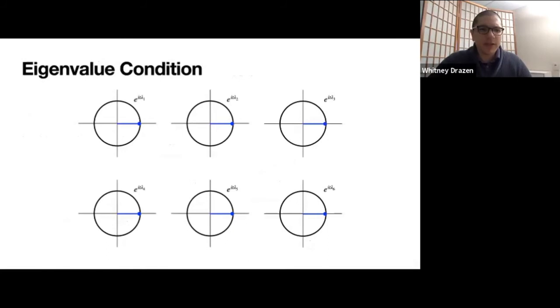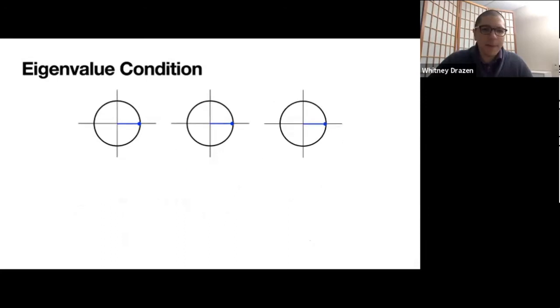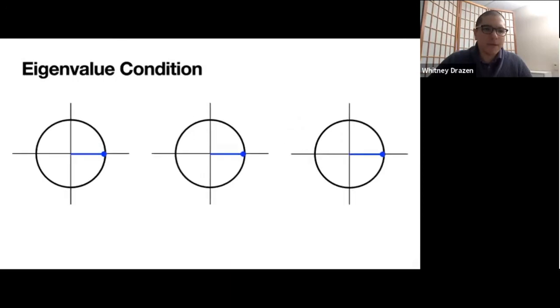Well, graphically it says that if we have some eigenvalues, we're then going to group our eigenvalues depending upon whether the restricted idempotents are orthogonal or not.